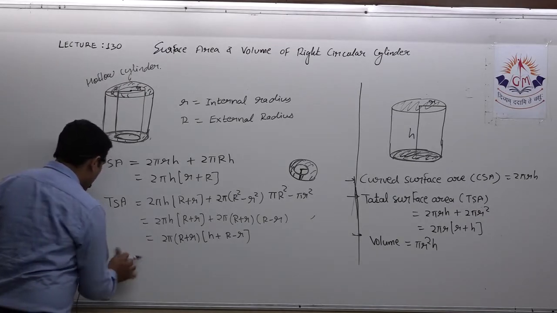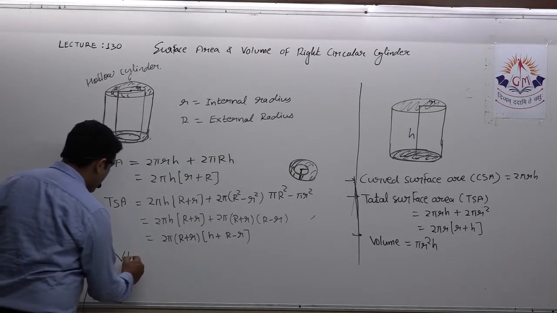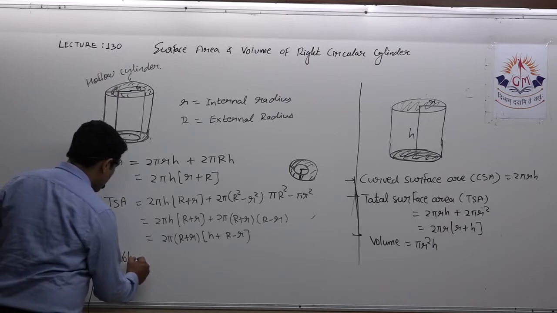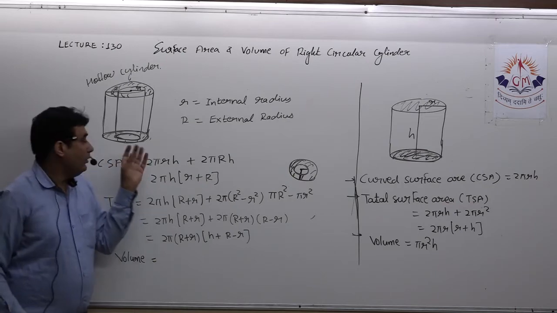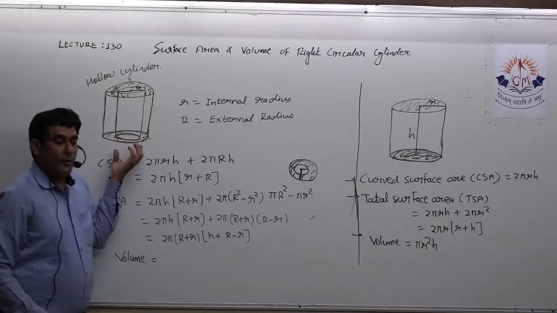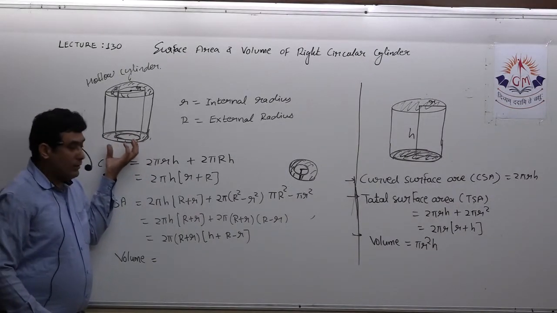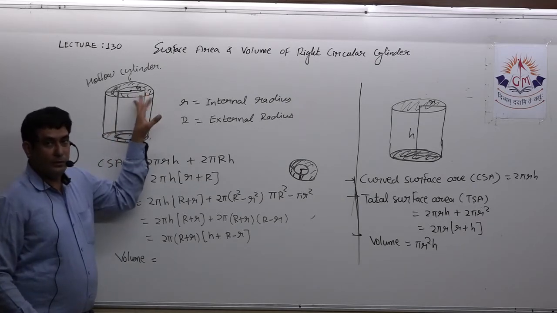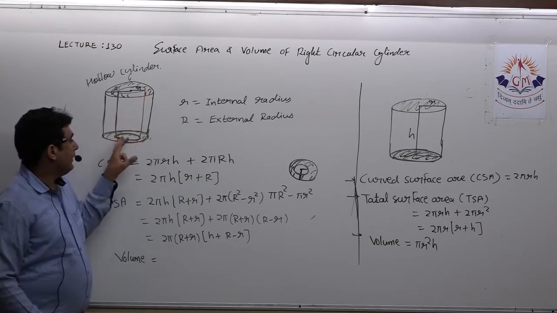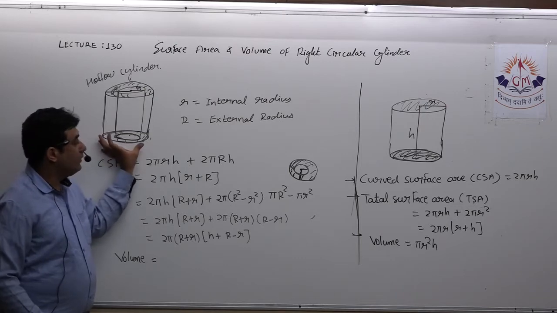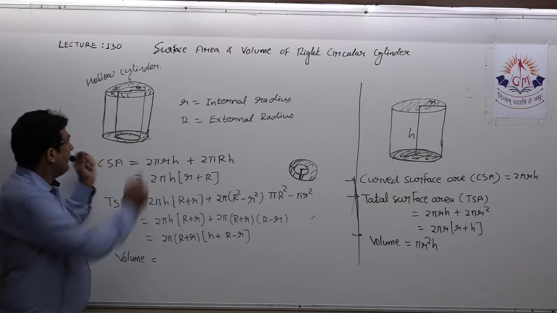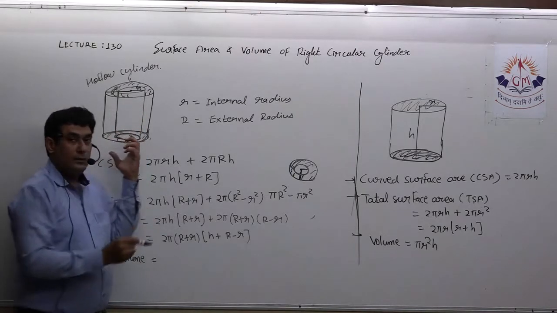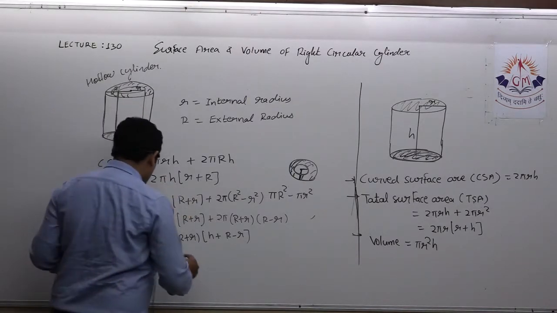Now finally it is volume. So simply we can say, for a while suppose this is a solid cylinder. Now to make it hollow we have to take one cylinder out of this itself, isn't it? So if I take the volume of the total cylinder when it was solid minus the volume of this smaller cylinder, then I'll get the volume of the hollow cylinder.